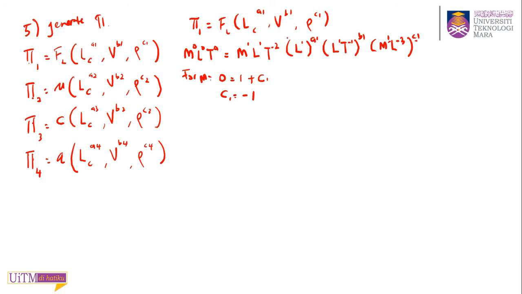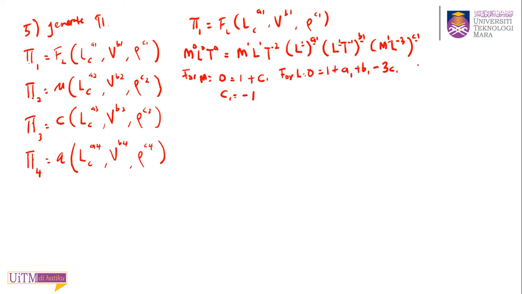Okay, and then solve for L, so 0 equal to L1, plus A1, plus L1 times B1, so plus B1, plus minus 3 times C1, so minus 3C1. And you have two unknowns, A and B, so we cannot solve this one first.